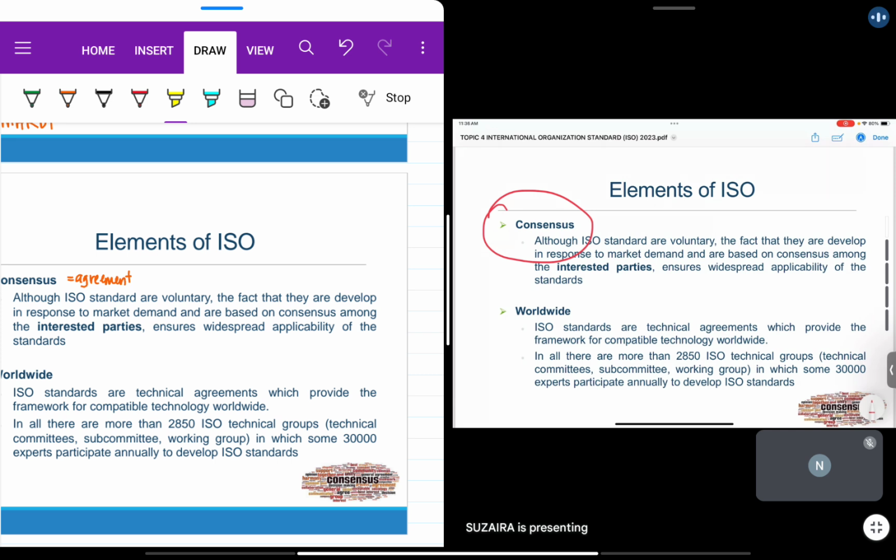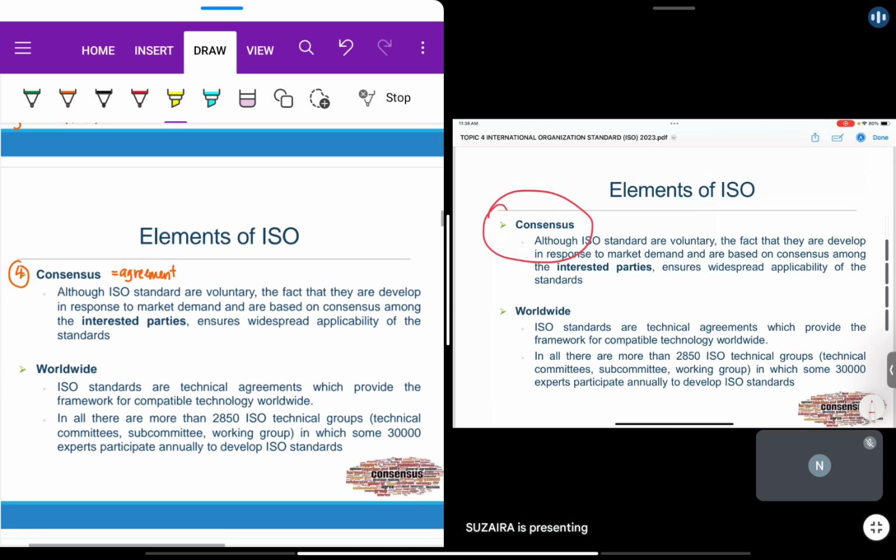Because previously, if you still remember, we talked about how specifications can be made. Now when we deal with the standard, we do have other specifications that will have a bigger impact on the company, because that involves a lot of things.